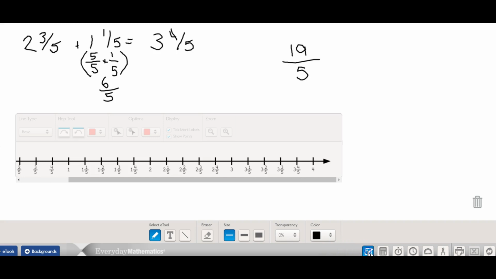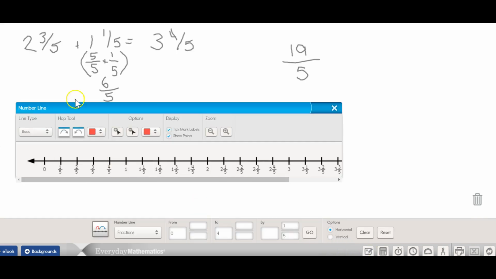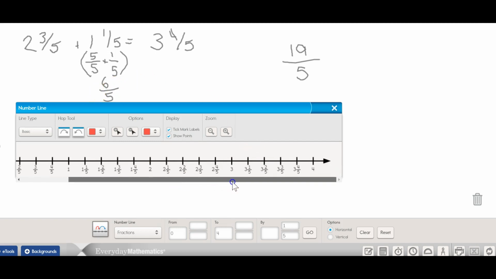So starting at 2 3/5, I'm going to jump 6/5. Here we go. 1, 2, 3, 4, 5, 6.